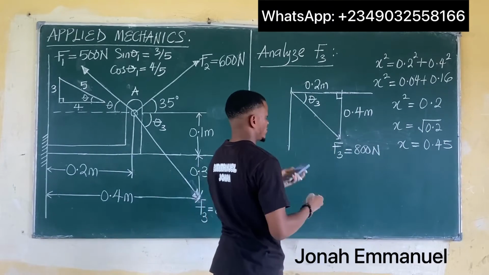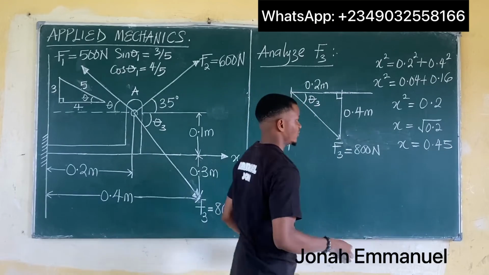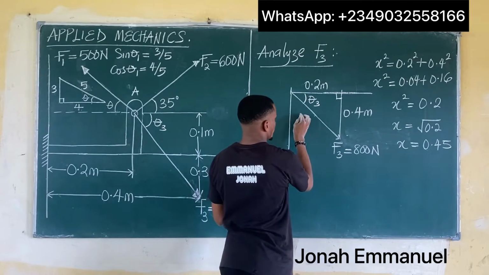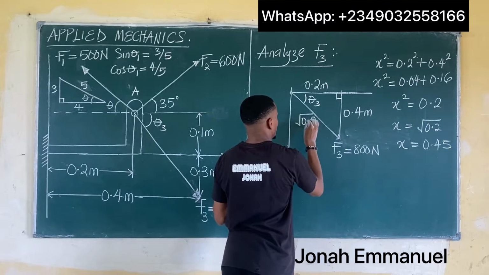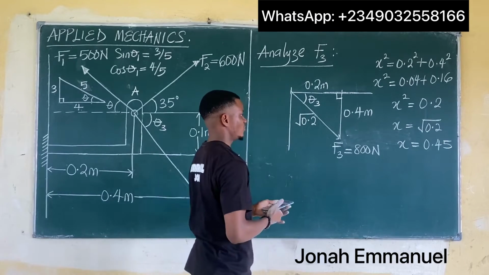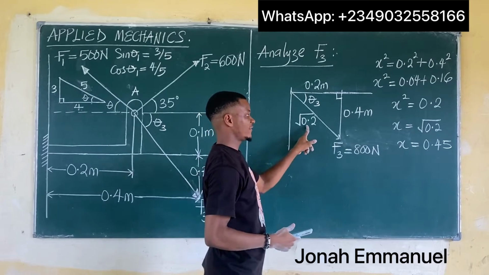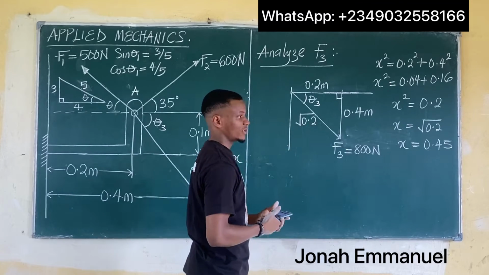So I'm having 0.45 as the value, or better still, use square root of 0.2. Still correct. So whether you choose to use 0.45 or square root of 0.2 is still correct.